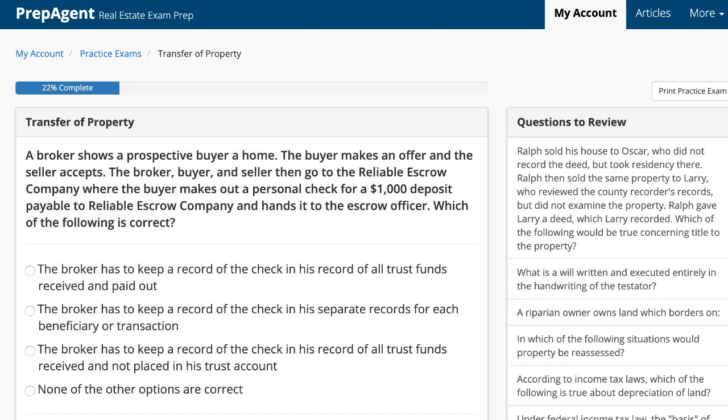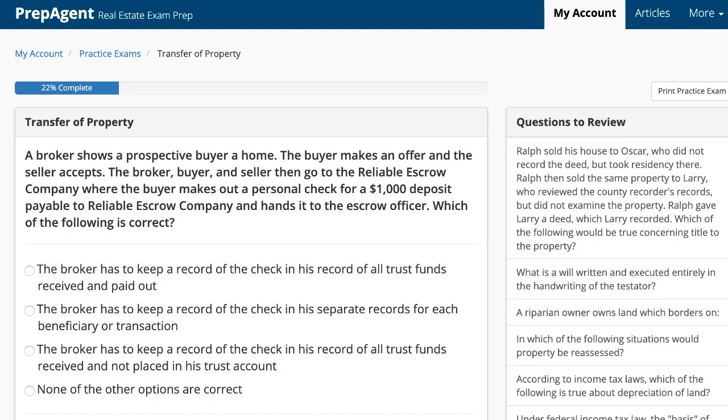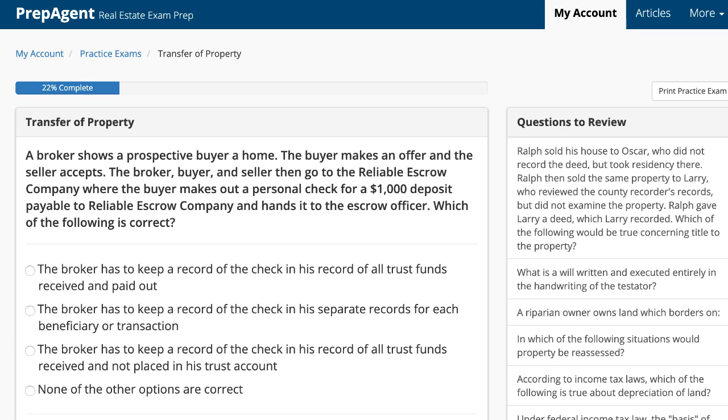Okay, so it looked like she wanted to see this question again, so we'll go over it again. A broker shows a prospective buyer a home. The buyer makes an offer and the seller accepts. The broker, buyer, and seller go to a reliable escrow company. The buyer makes out a personal check for a $1,000 deposit, payable to reliable escrow, and hands it to the escrow officer.